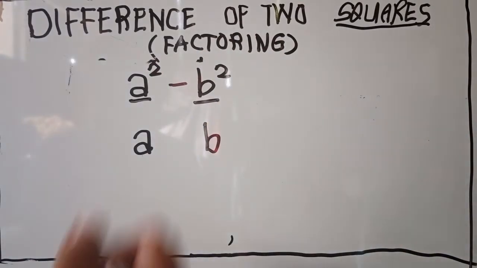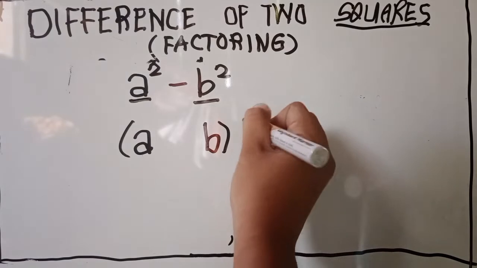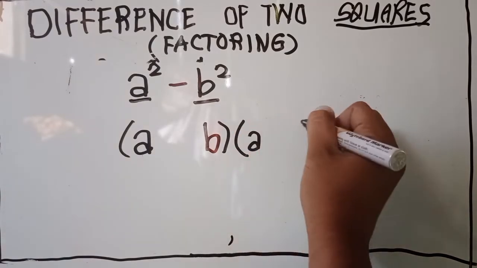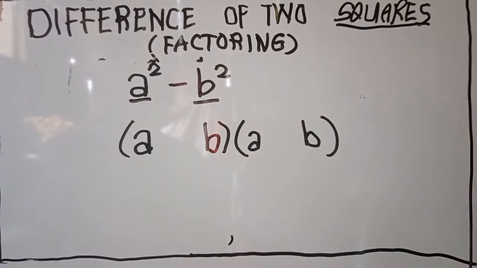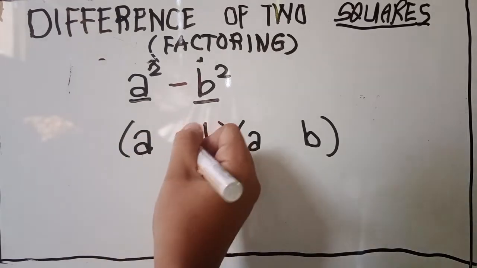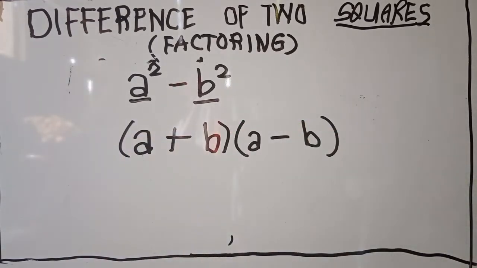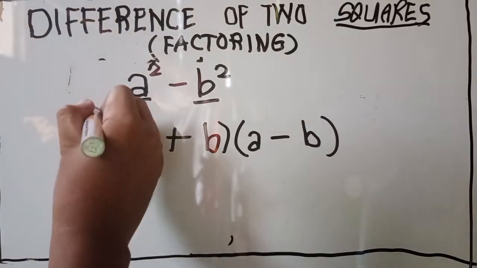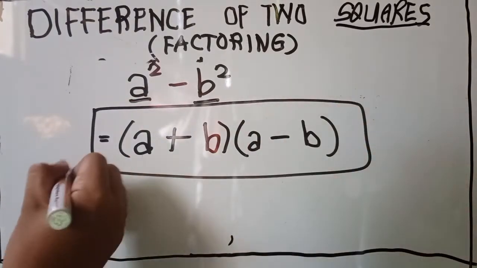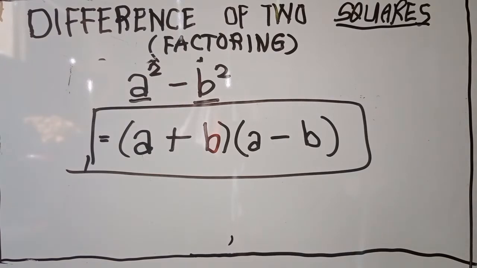And then you rewrite that again inside a parenthesis. Then you put the sign of the conjugates. So the conjugate of plus is minus. Therefore, the factored form of a squared minus b squared is this one: a plus b times a minus b.